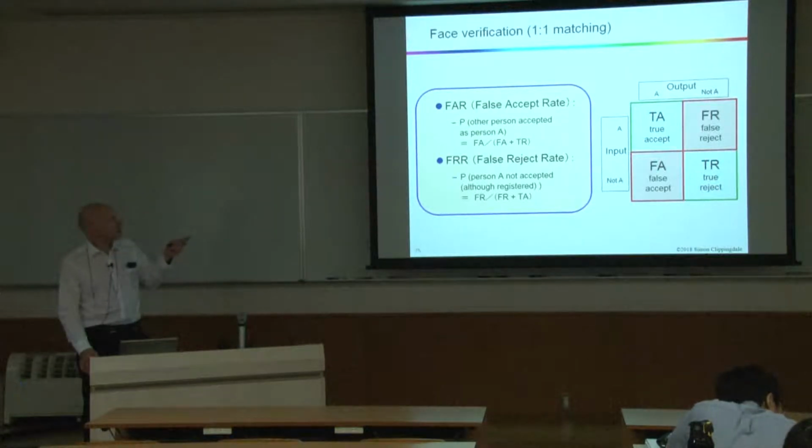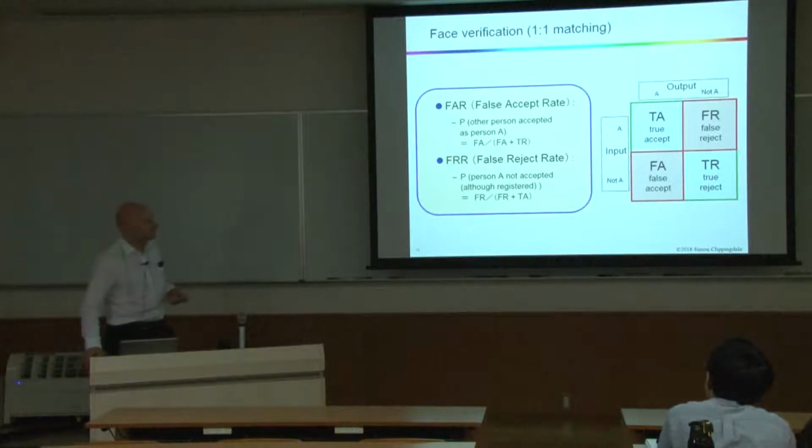So false accept is when some other person, the wrong person, is accepted as the person who it should be. False reject is when the person who's in the input is not accepted, although they should have been.